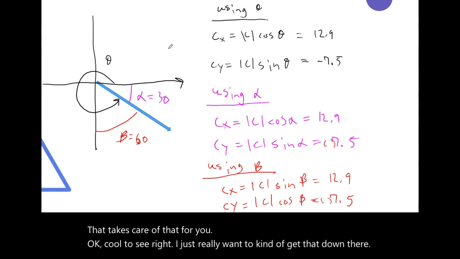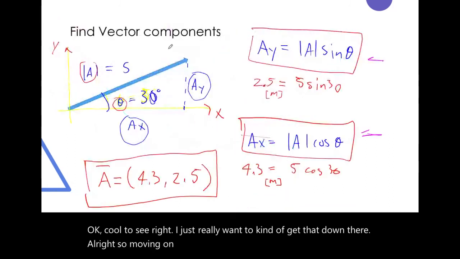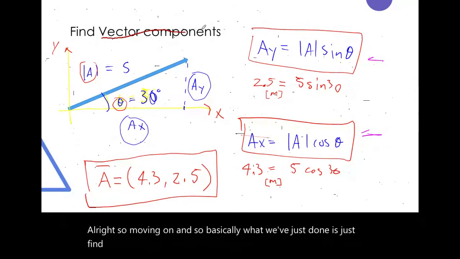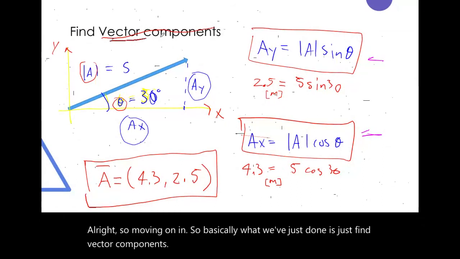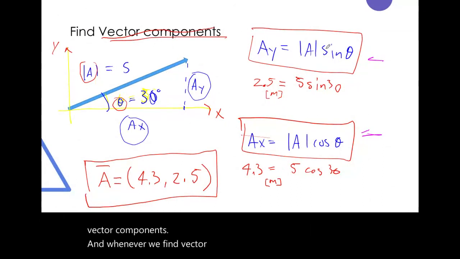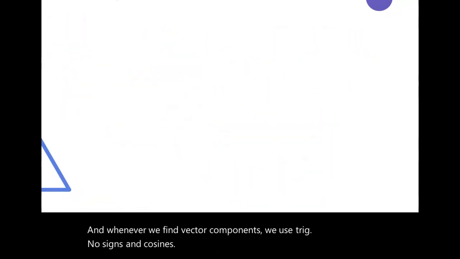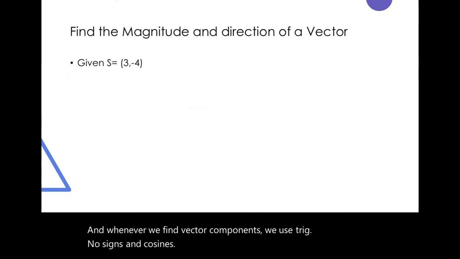All right, so moving on then. So basically what we've just done is find vector components. And whenever we find vector components, we use trig. So sines and cosines. Okay.